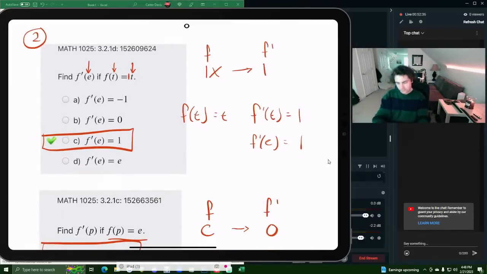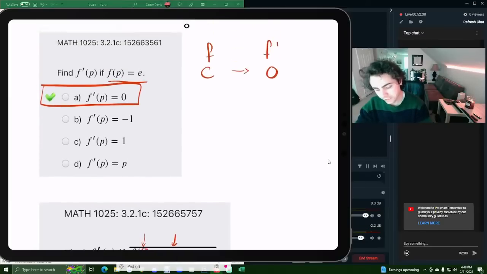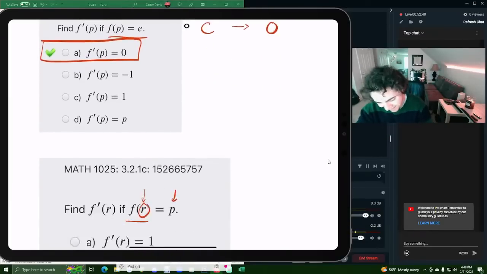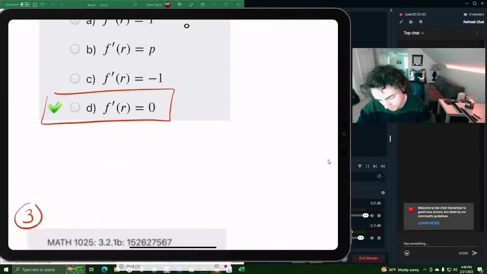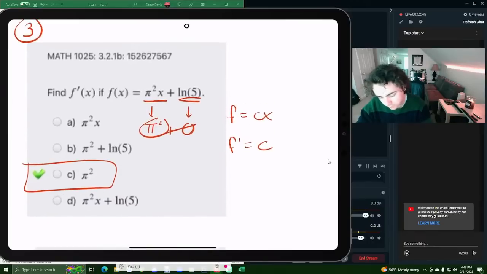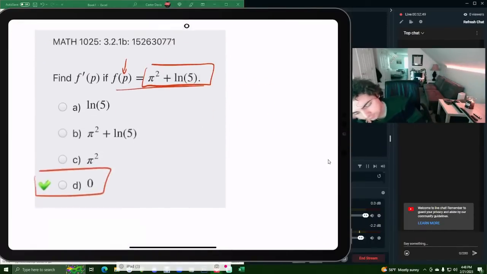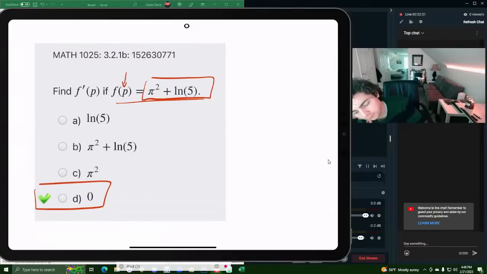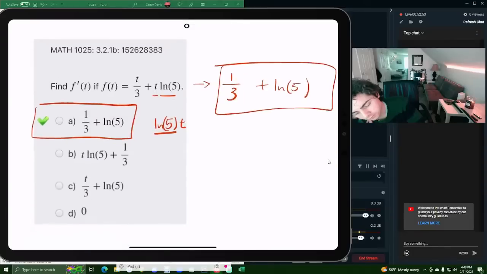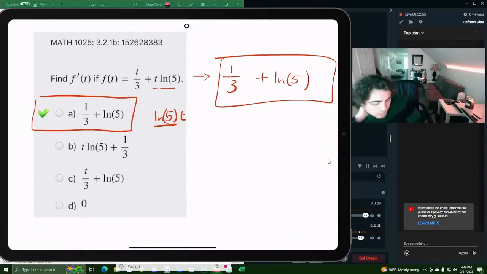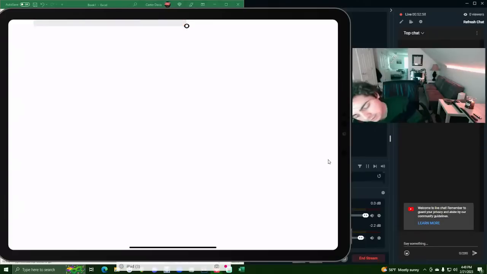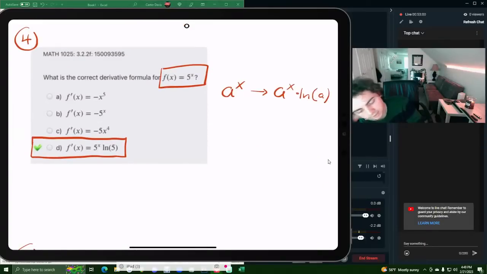Derivative of x is 1, or derivative of t is 1. The derivative of a constant is 0. The derivative of a constant times x is just that constant. If you don't see the variable in the function, the derivative will just be 0. And again, the derivative of any constant times the variable is just the constant.